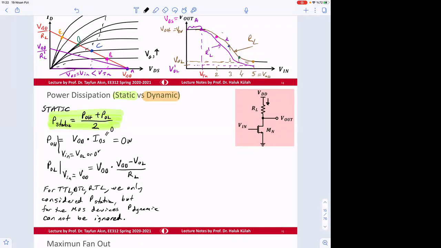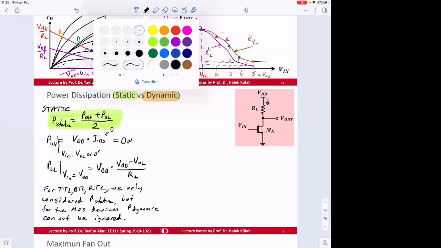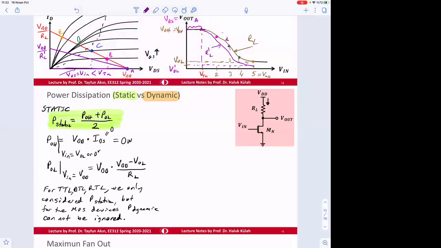So if we start looking at P dynamic, the dynamic power dissipation is when the device is switching from high to low, low to high. This device is going to be connected to another device, and we can connect many devices here, right?